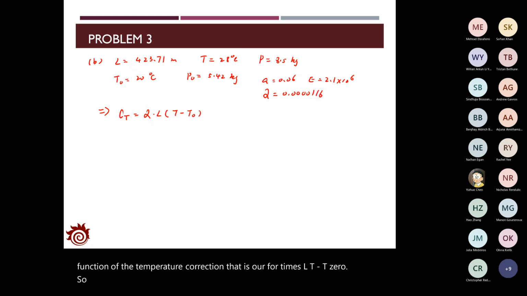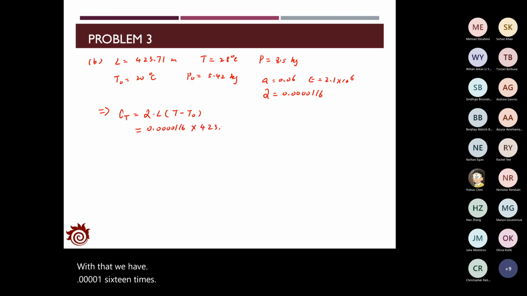So we have alpha as 0.000116 times 423.71 times the applied temperature 28 minus the standard temperature, and you can then get the result as 0.039 meters.